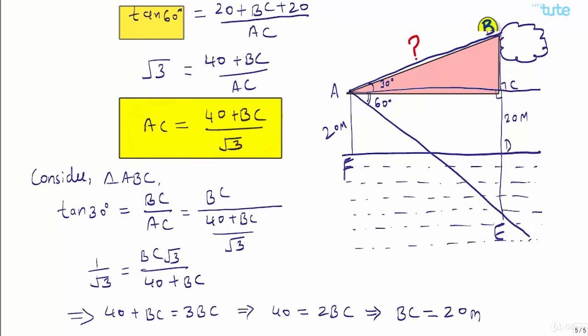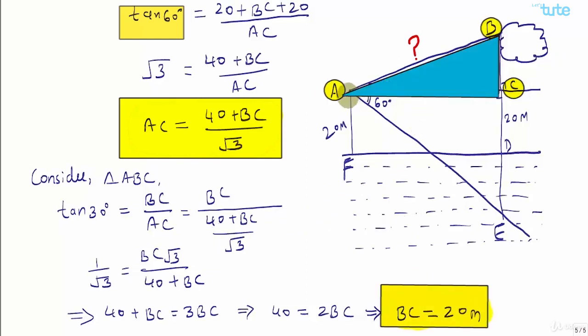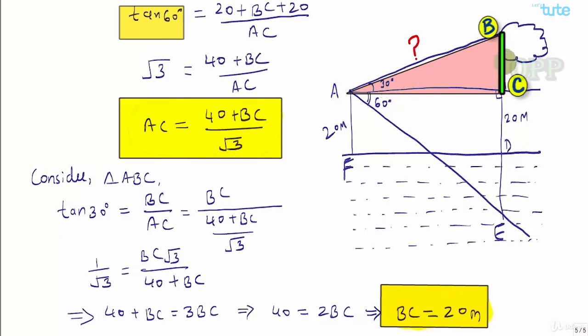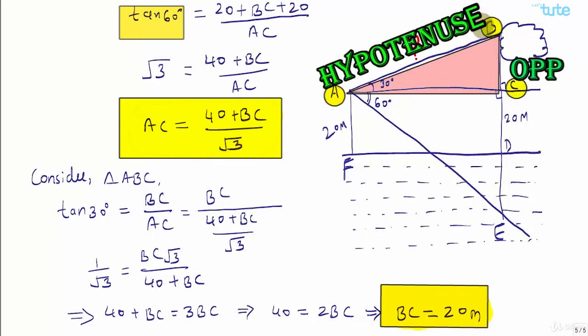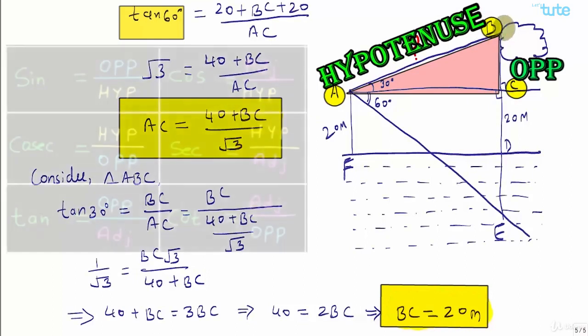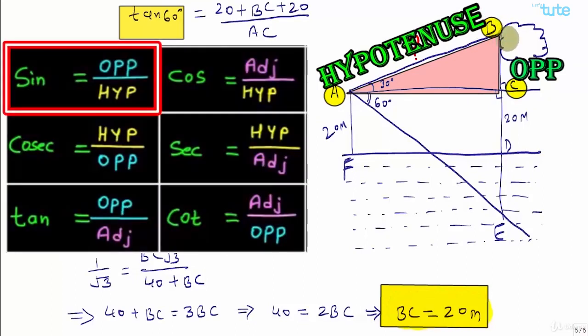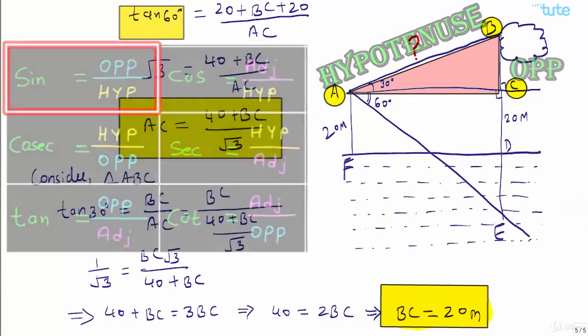We can see we have got BC as 20 meters. Now friends, just concentrate on this right angle triangle. We know this angle A, and we have also found out the side BC as 20 meters. So for this angle, BC is the opposite side and we have to find out AB, that is the hypotenuse. Therefore here we will use the trigonometric ratio sine, because we know that sine is the ratio of opposite side to the hypotenuse.